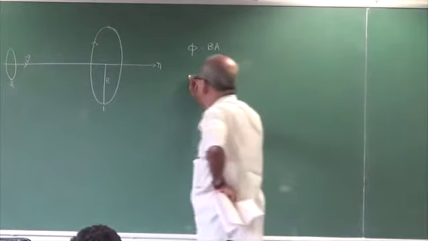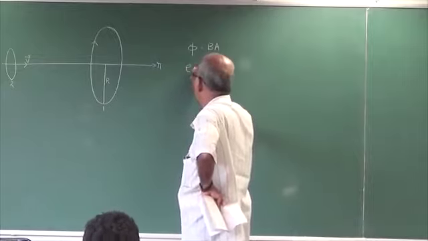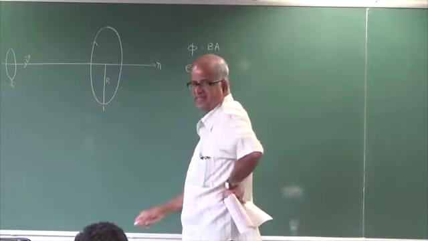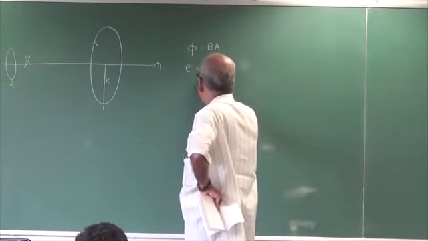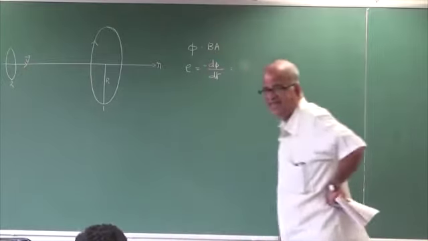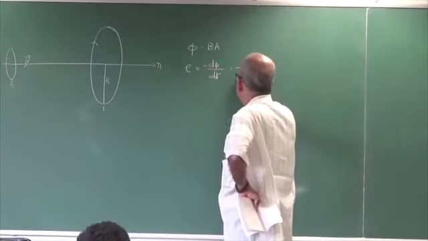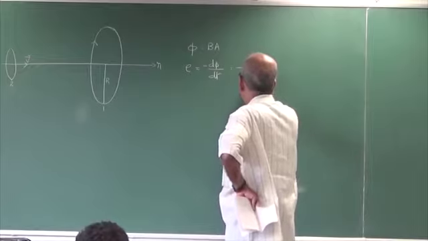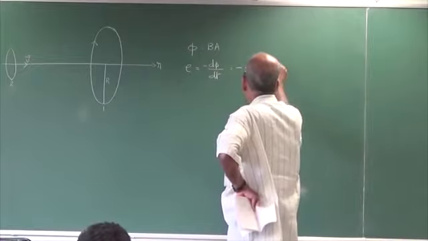Now, what is the EMF induced in coil 2? It is minus dφ by dt, will you agree? Which is minus d by dt of BA.